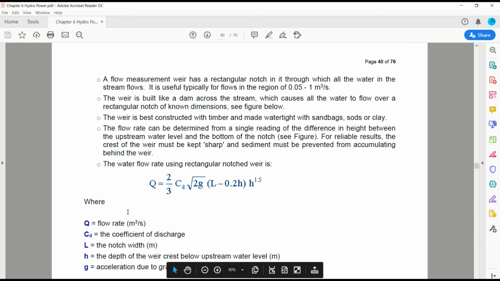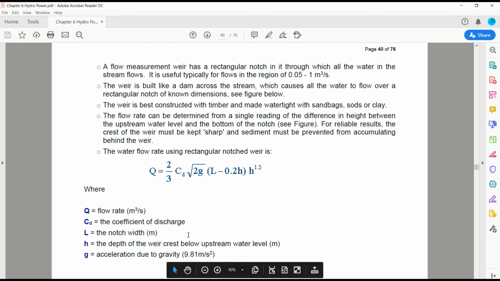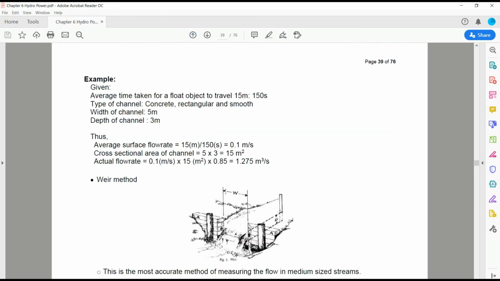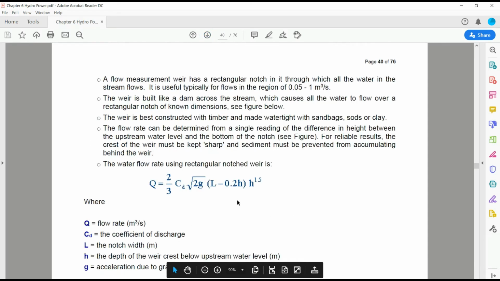So g is the acceleration due to gravity, which is 9.81 meter per square second, multiplied by the length of the notch, but in this figure they put W. So this W actually equals L, the length of the notch, minus 0.2 H. H is the depth of the weir crest below the upstream water level.